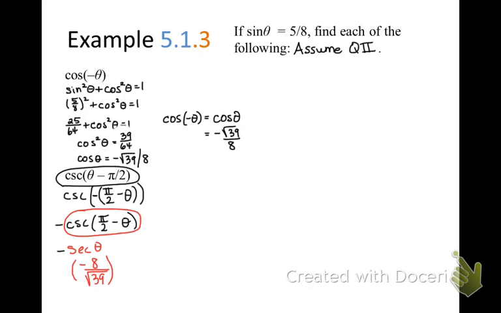But again, we still have this negative sign that we're pulling down. So this actually ends up being positive 8 over the square root of 39. Signs are going to matter. That's going to tell me whether or not you really understood the sequence of the steps. Are there any questions on that?